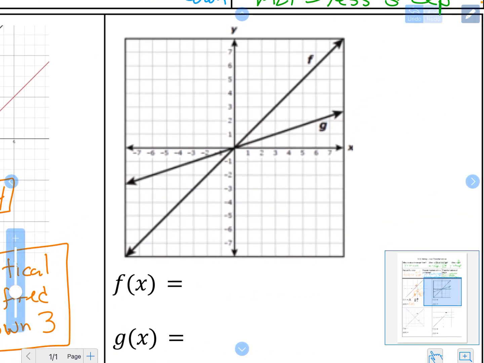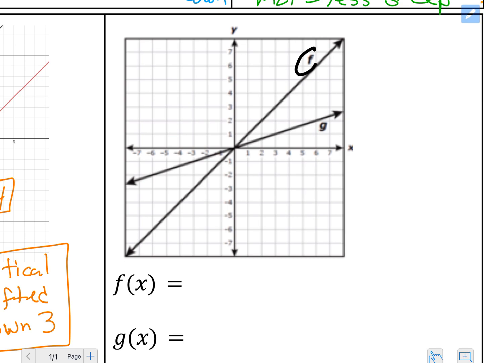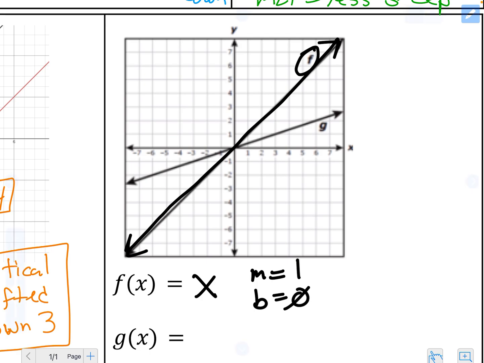So in this next one, I have to pay real close attention. This is my f of x. So I'm going to retrace it here in black, and I know that f of x equals x. Its m is 1, its b equals 0. So now I'm going to retrace my g of x line in blue just to make it a little bit easier to see.